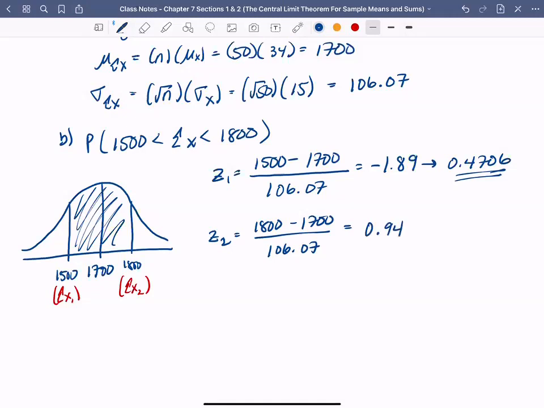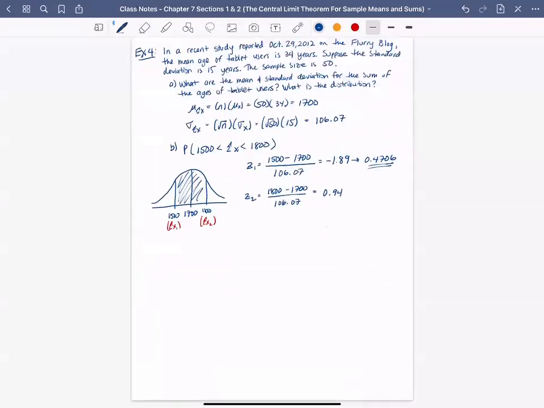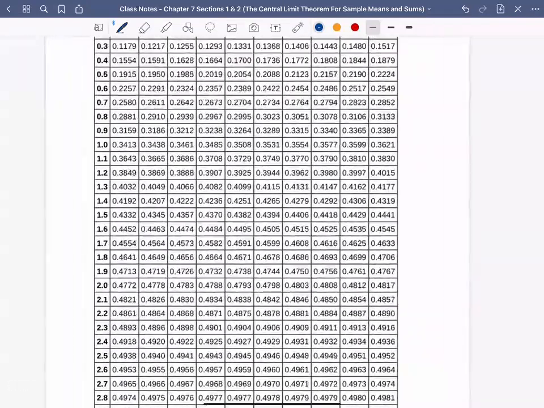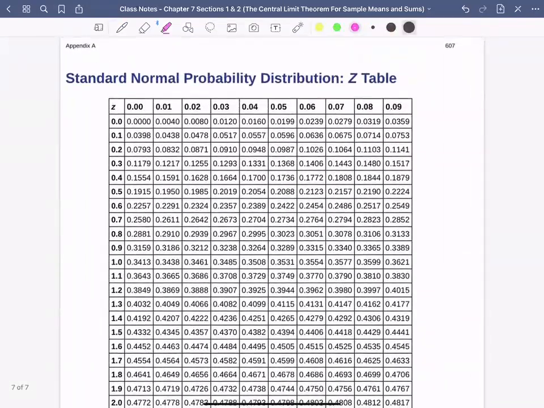Again, should be positive because we are to the right of the mean. Now we go to our z table, and we're looking for 0.94. So 0.9, and then the 0.04 is right here. And so here we are right there, 0.3264.